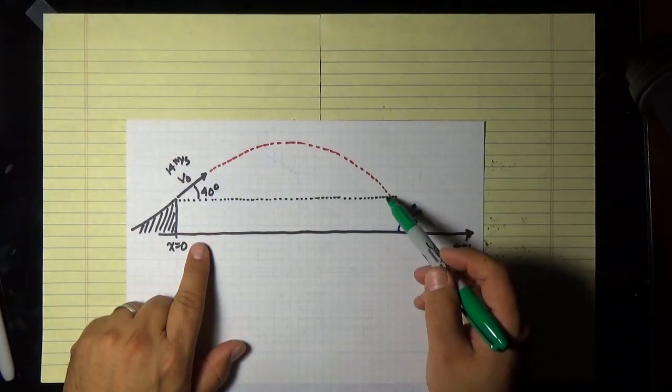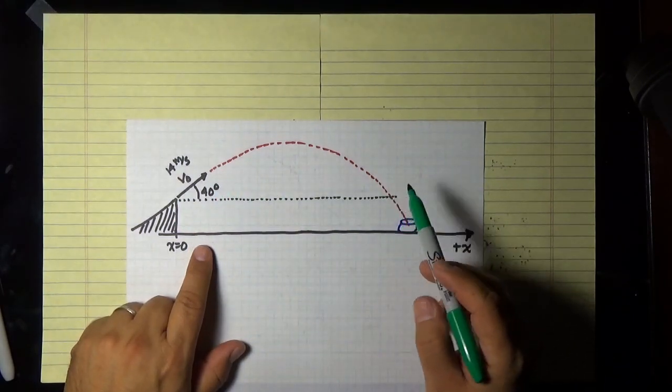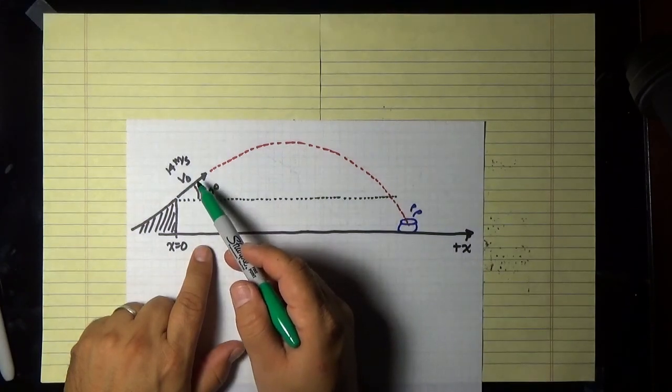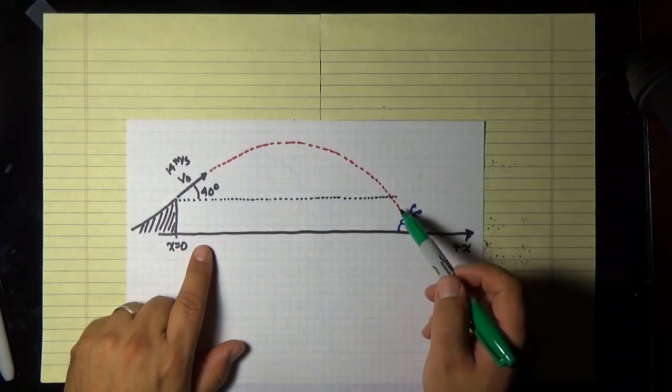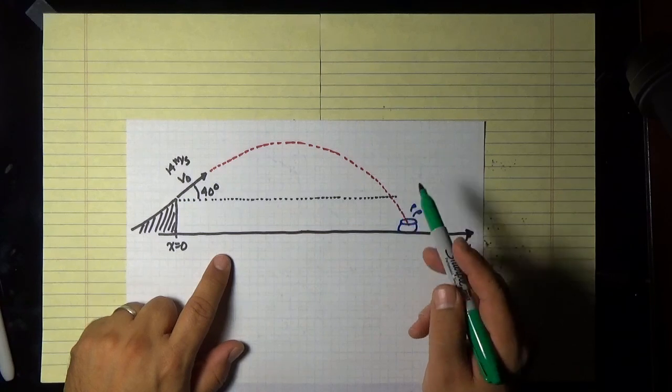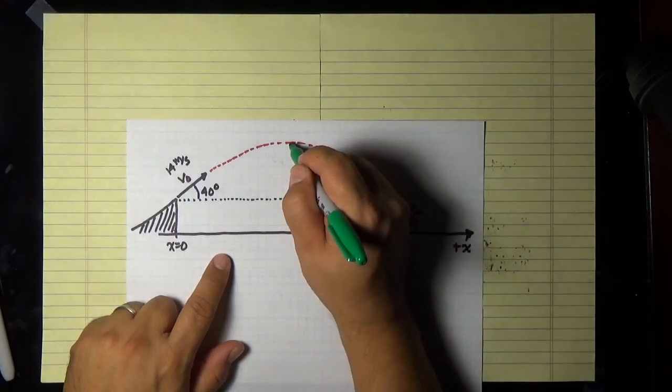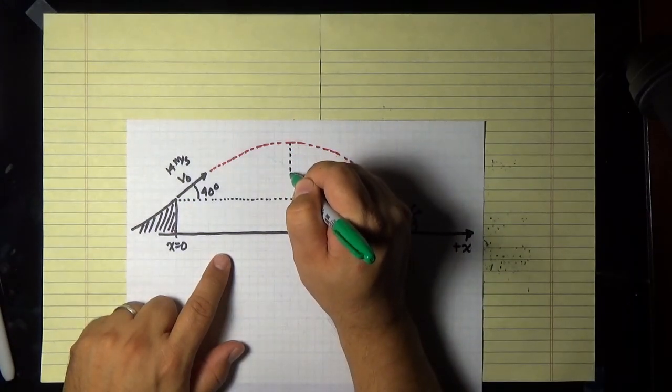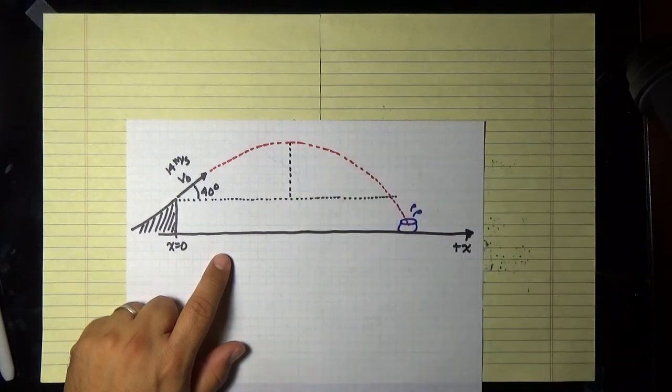The initial angle is 40 degrees down here. The initial x speed has some value here. It has the same x speed value over here. Okay? The motion, as we've discussed, is symmetric about the apex of the flight.